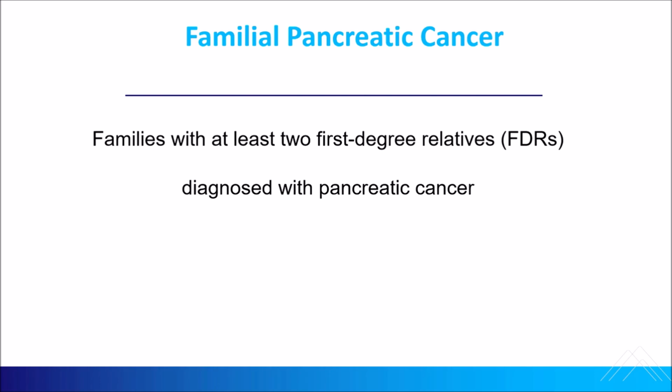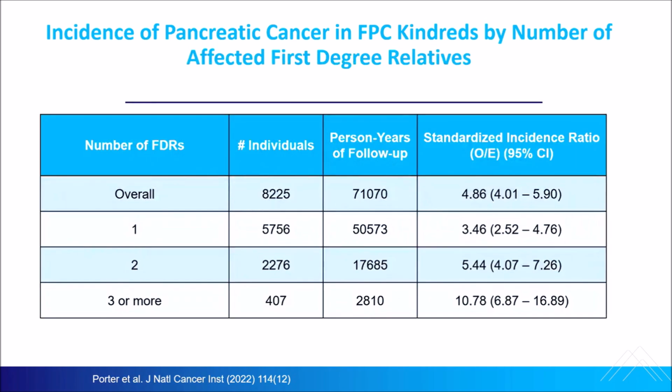So familial pancreatic cancer, or FPC kindreds, are families who have 2 or more affected family members who are related in first-degree relation to each other and have been affected by pancreatic cancer. The Hopkins group has actually gone back and looked at their data over 20 years later and looked at the incidence of pancreatic cancer not just by the number of first-degree relatives who have been affected, but also in these FPC kindreds by the number of first-degree relatives.